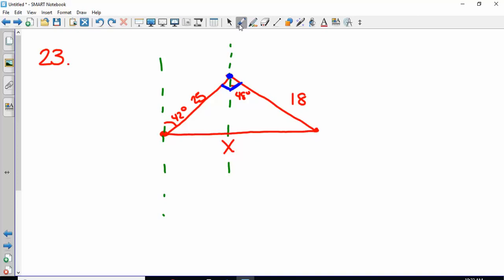Or if we know it's a right triangle, what could we do to find my missing side? I didn't give you any of the angles, but you have two sides and you know it's a right triangle, so you could get the third. So 25 squared plus 18 squared equals x squared, because x is the hypotenuse.